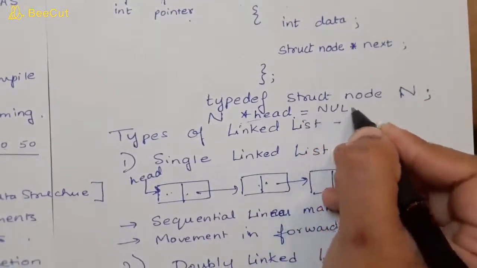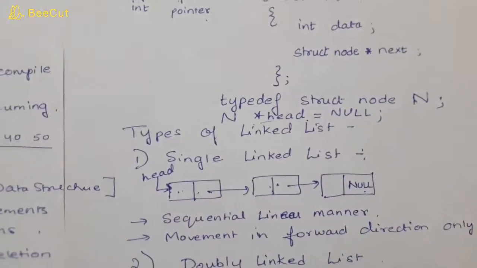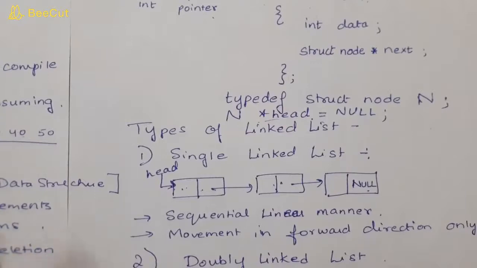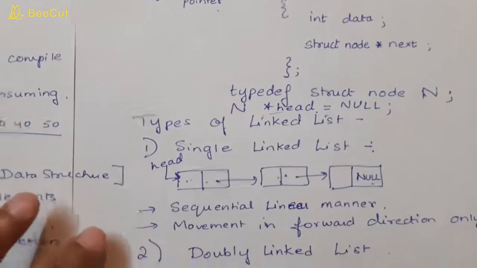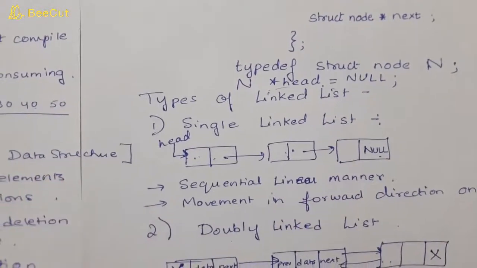We'll initialize it to null. As we are initializing it to null, that means initially our linked list is empty and there is no node in the linked list. So when we insert any node in our linked list, if it is the first node, then that will become the head. This pointer head will point to that node which you insert for the first time.